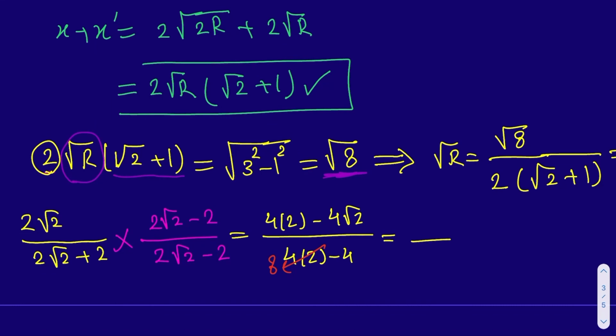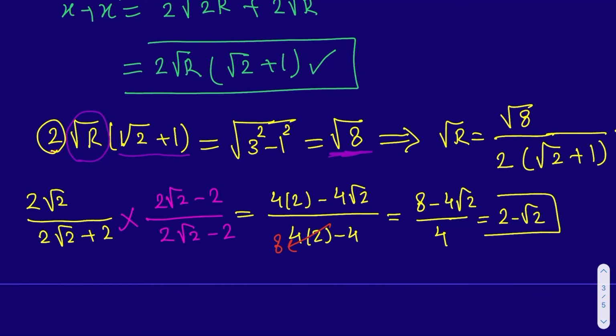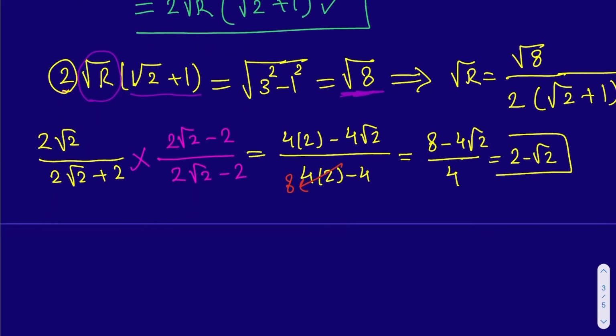So let's again simplify it. 8 minus 4 square root of 2 divided by 4 will eventually be equal to 2 minus square root of 2. But now, this is the value of square root of r.